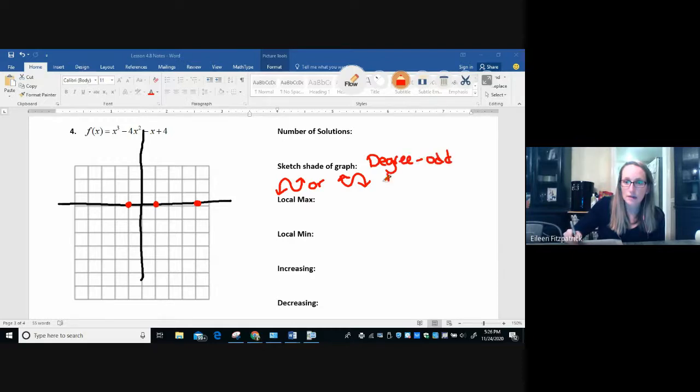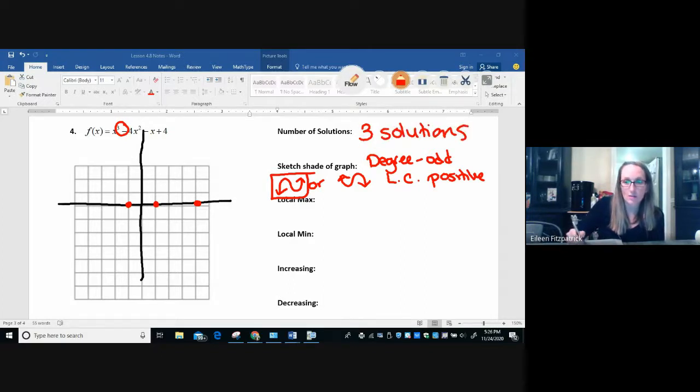And since my lead coefficient is positive, I know that it should have a positive slope if I stretch it out. So that's what my arm should look like. This arm's going to go up, this arm's going to go down, which I'll do in a second. The number of solutions, well, because it's degree 3, 3 solutions. All right, so you can fill those in.